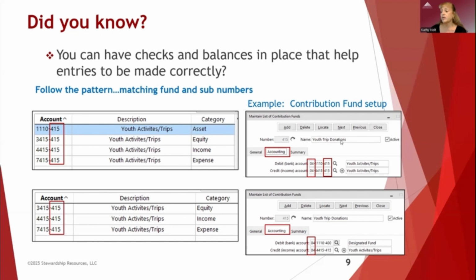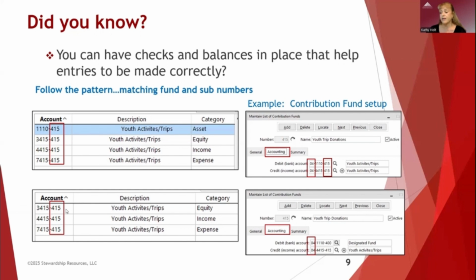And then we've got over here where we've set up the contribution fund for youth trip donations. And then in the accounting tab, the really important thing is that you match your funds, 04 to 04. Now, since we have subbed out the bank in this example, you want to make sure you match your banking and your income, the subs match.